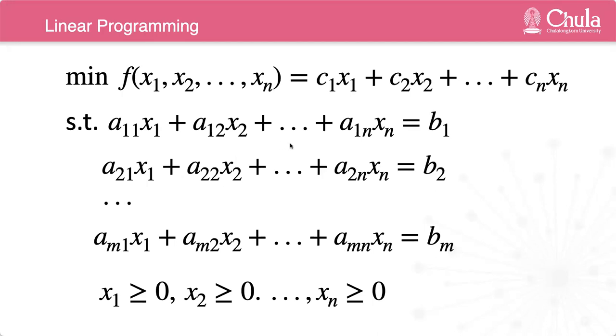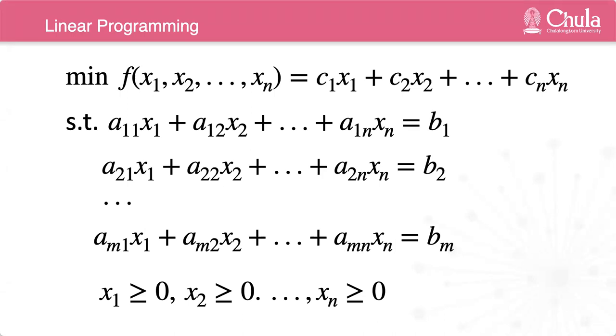Okay, so this is the standard form where we have a11 x1 plus a12 x2 until a1n xn equal b1, where b1 is also a constant, right? You may ask, in some cases, if we are dealing with an inequality constraint, do we need it here?